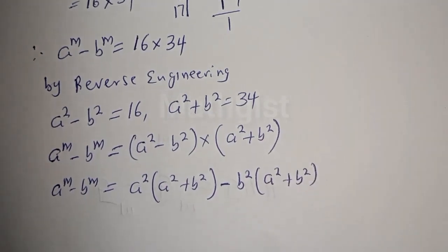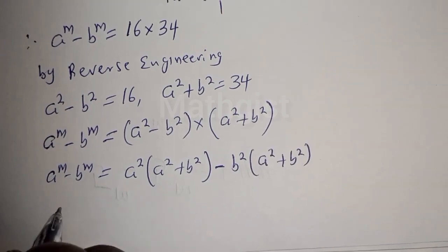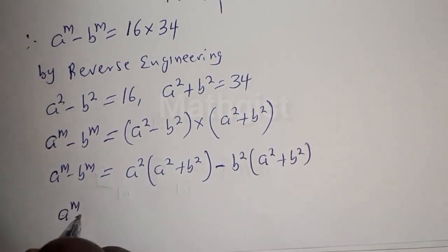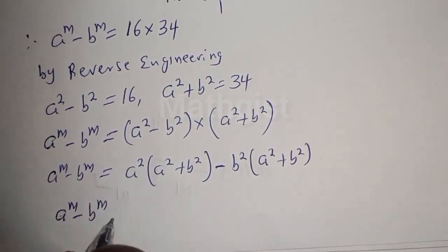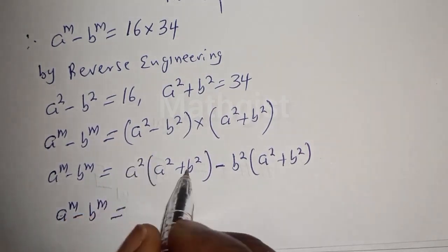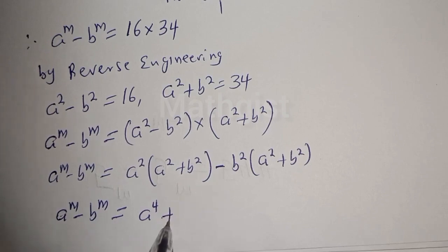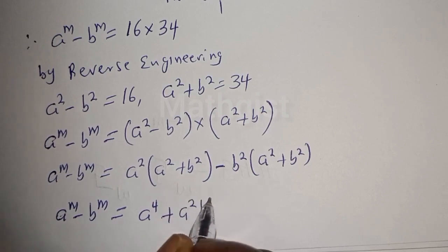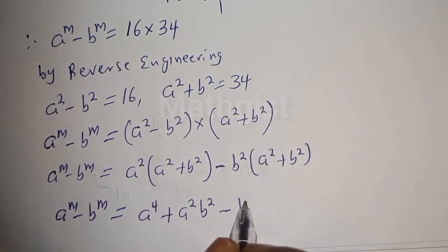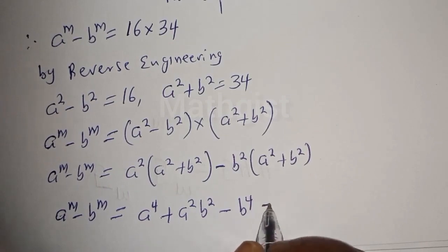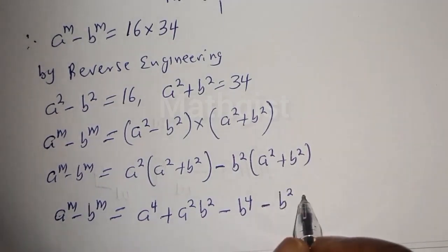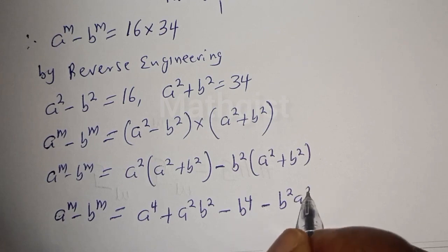So a raised to power m minus b raised to power m now will be equal to, from here we have a raised to power 4 plus a square b square minus b raised to power 4 minus b square a square.